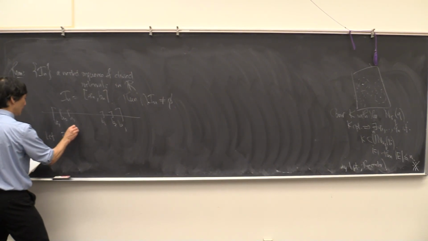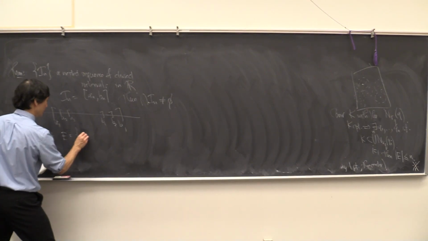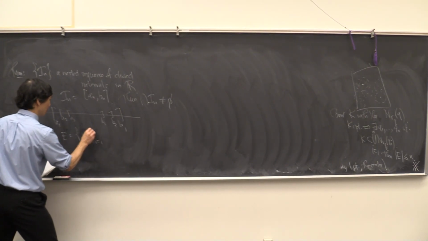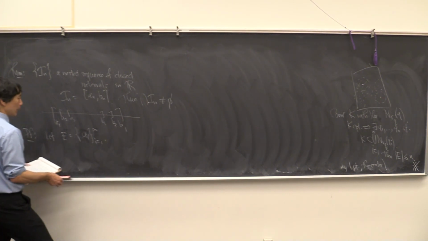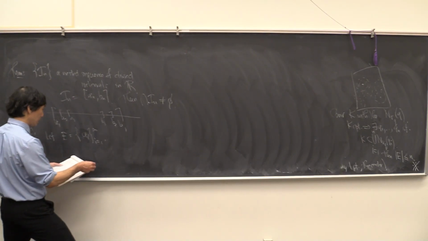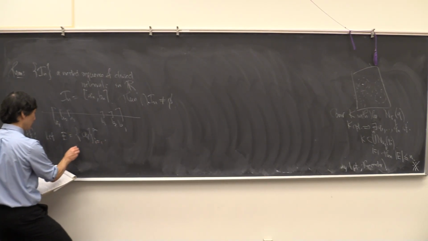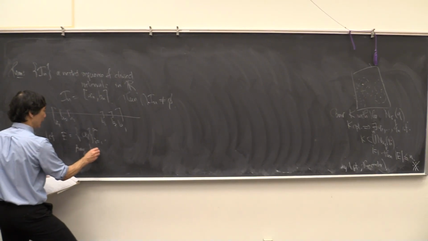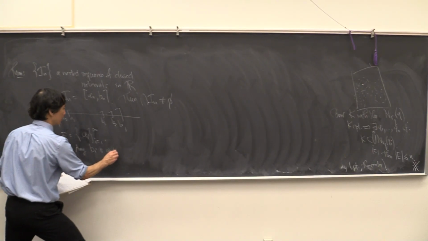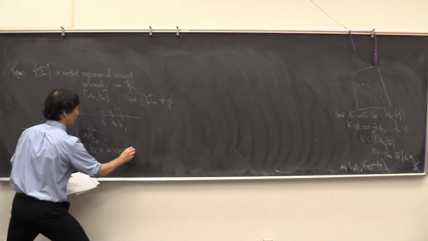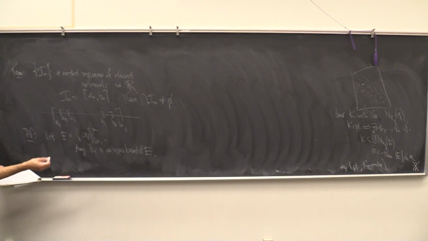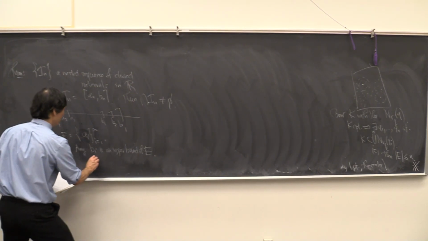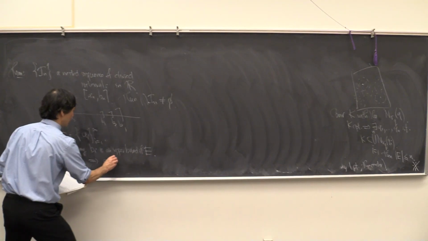Let E be the set of all left endpoints. Any b_i is an upper bound of E, and so the supremum exists.